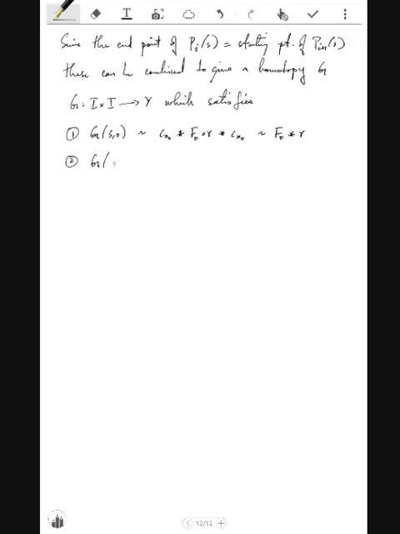Two, G of 0 comma t is equal to f0 of x naught, and this is also equal to G of 1 comma t.